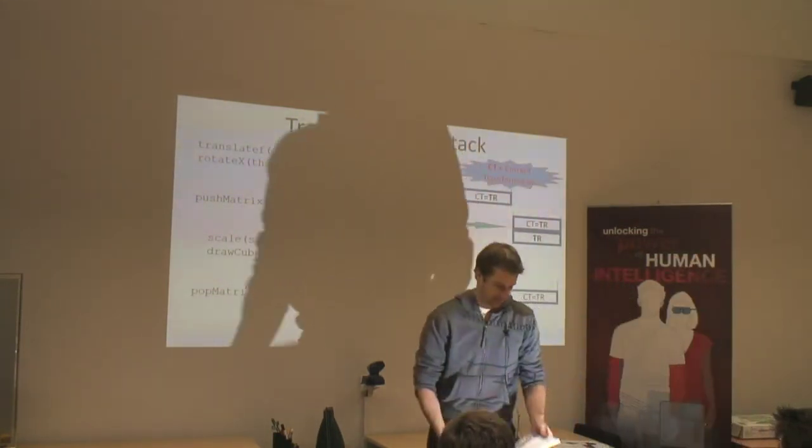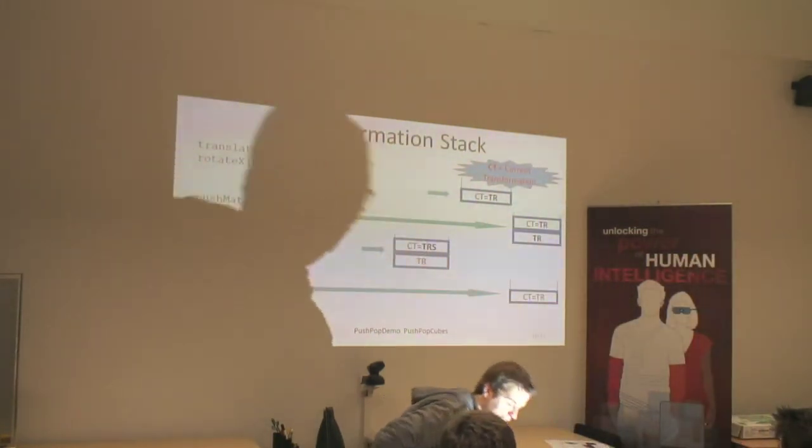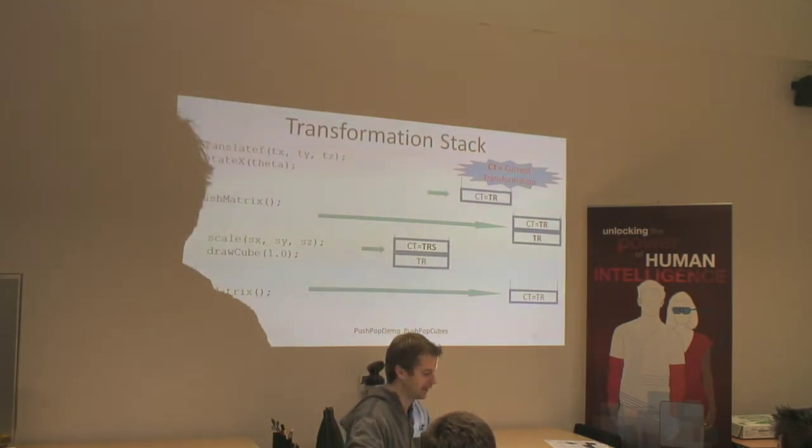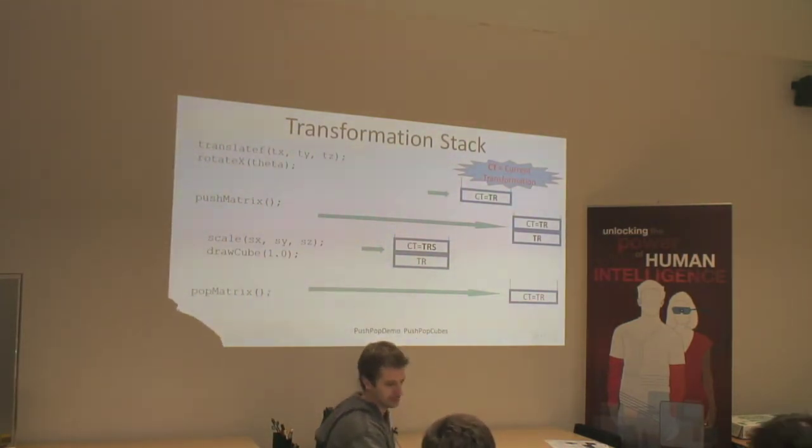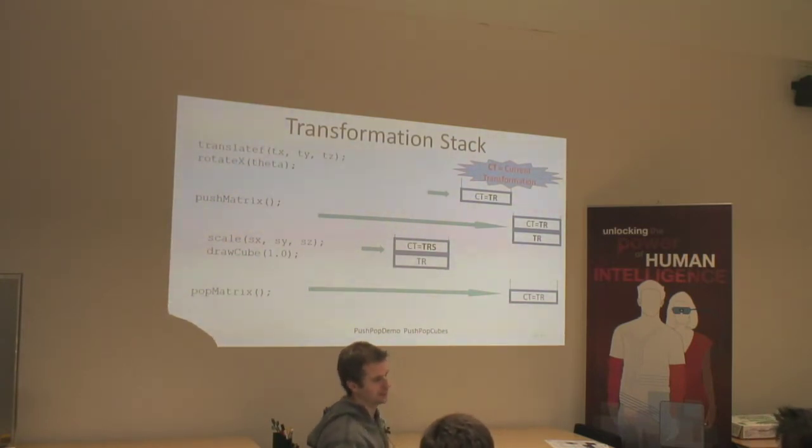The idea behind a stack, a very quick computer science rundown, is that if we start with nothing, we can push something onto the stack, which is called a push, and a pop removes it from the stack. The idea is that it's a last in, first out thing. If I push that, and then push that, and then pop it, I take the top one off the stack.